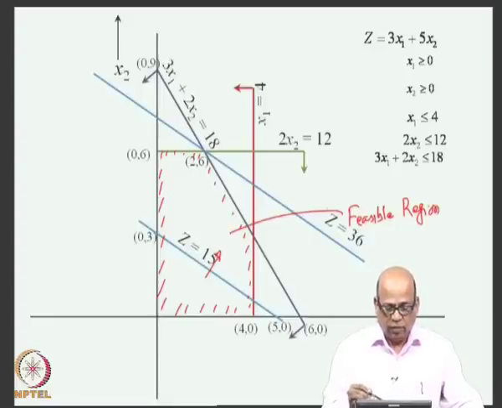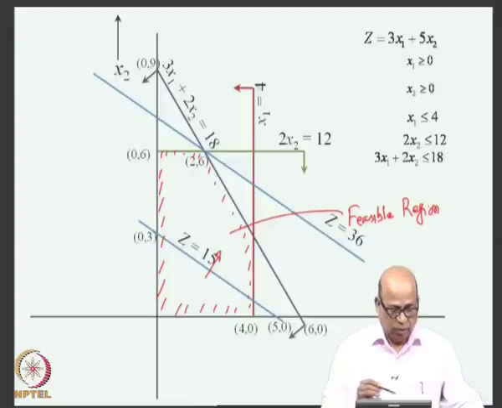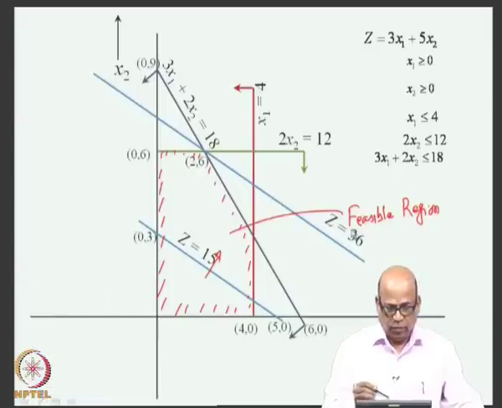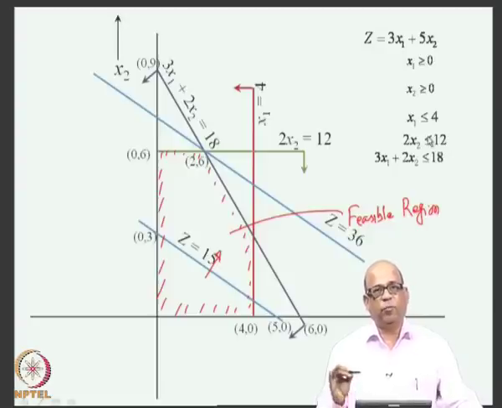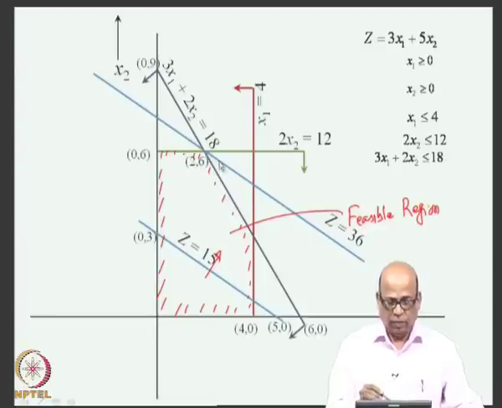Any further increase in z will make the z line leave the feasible region, and therefore, there will be no point on the z line which is feasible. By feasible, I mean they satisfy all the constraints, and therefore, this becomes the last point. Z is equal to 36 is in fact the optimal solution, because any further increase in z is not possible without violating at least one of the constraints, and therefore, it becomes infeasible, and therefore, z is equal to 36 becomes the optimal point.